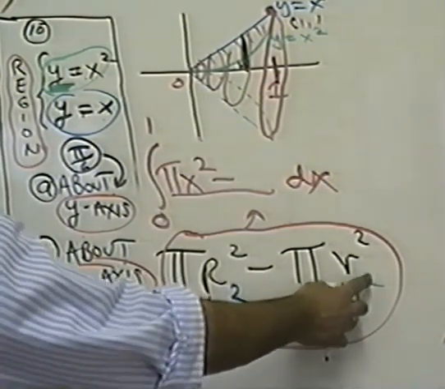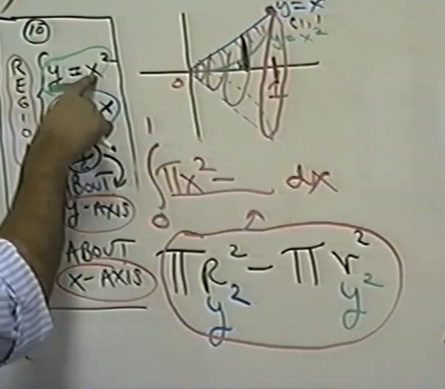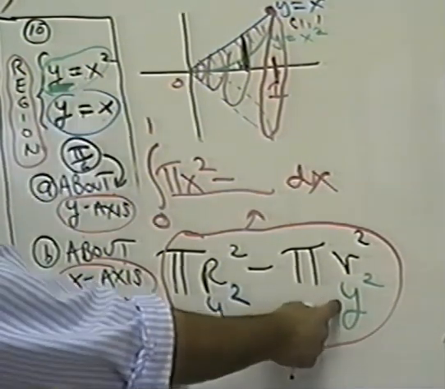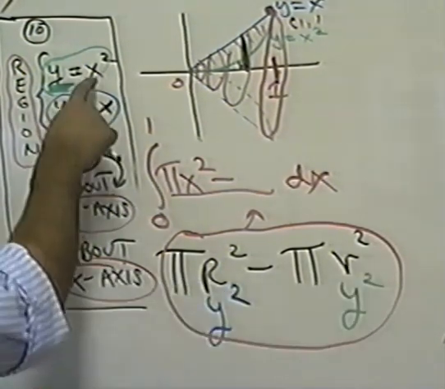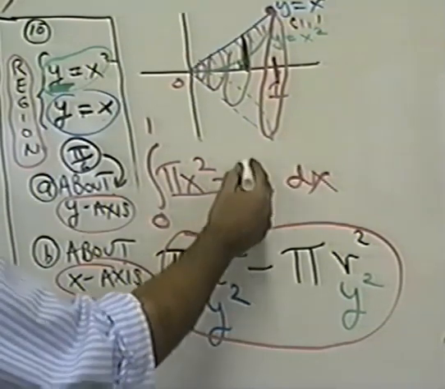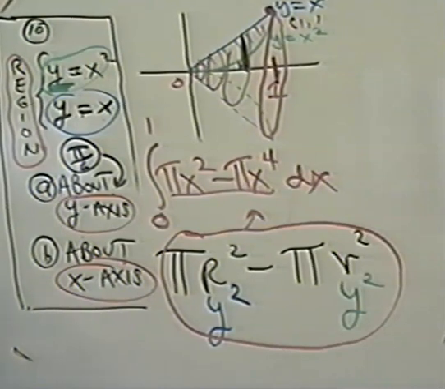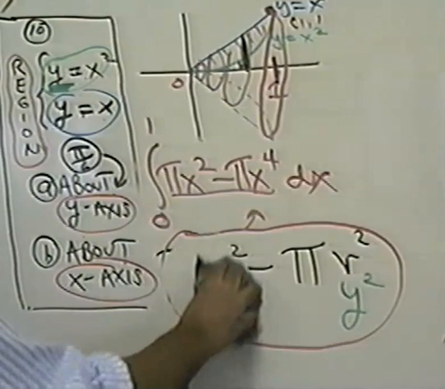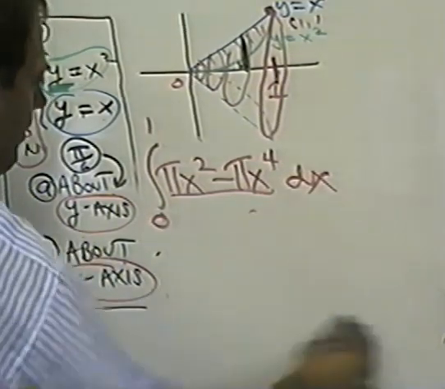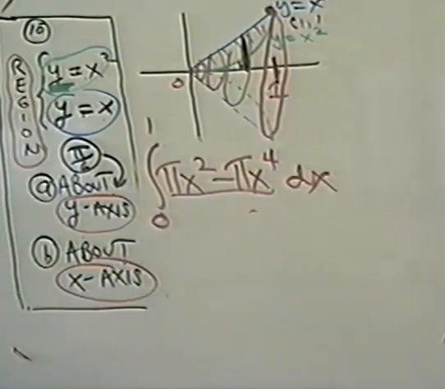And the green y's, y is equal to x squared, so a y squared in green is an x to the 4th. So now we have an integral that looks like pi x squared minus pi x to the 4th. Okay, integrating.